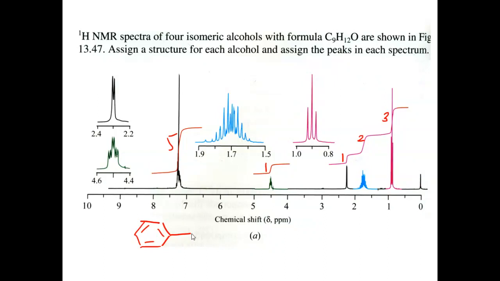If 3 protons, it comes from a methyl group; if 6 protons, from 2 methyl groups; if 9 protons, from 3 methyl groups. So here, at around 1 ppm, you have 3 protons. This comes from a methyl group.